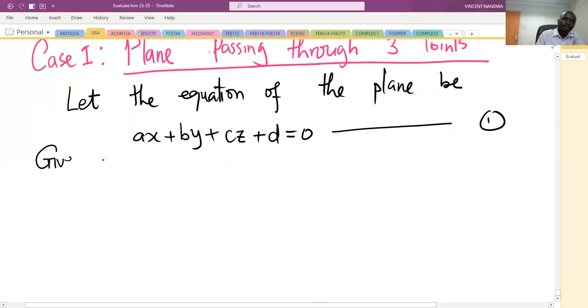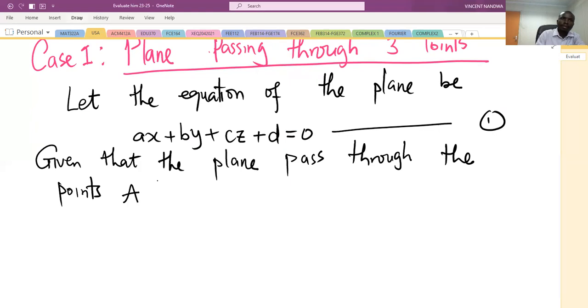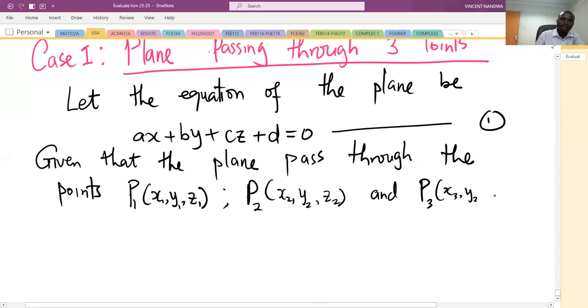Now, given that the plane passes through the points, let me call them P1 (x1, y1, z1), P2 (x2, y2, z2), and P3 (x3, y3, z3).